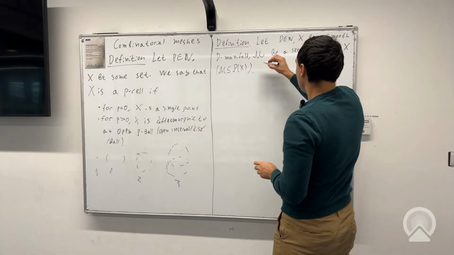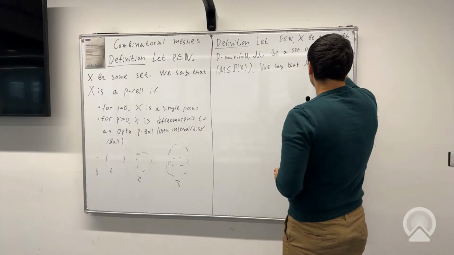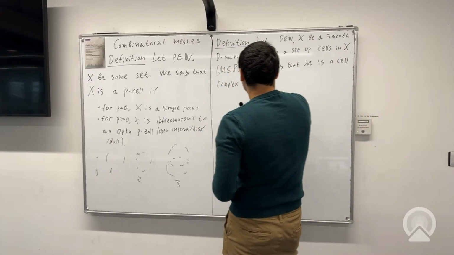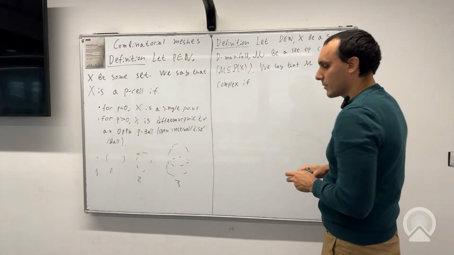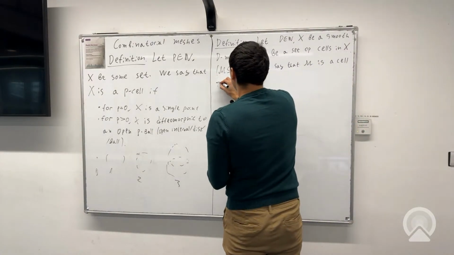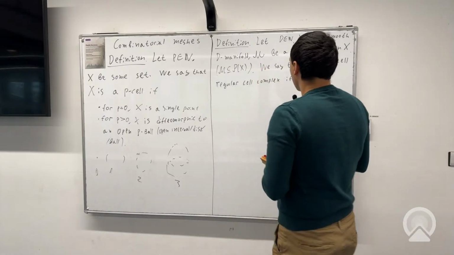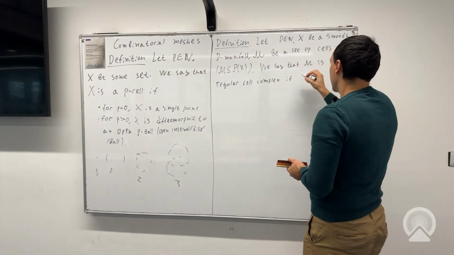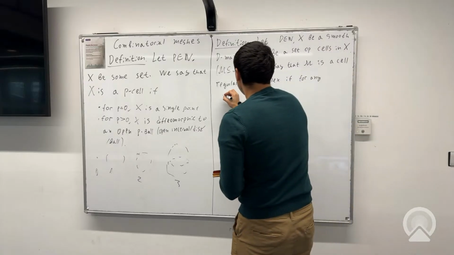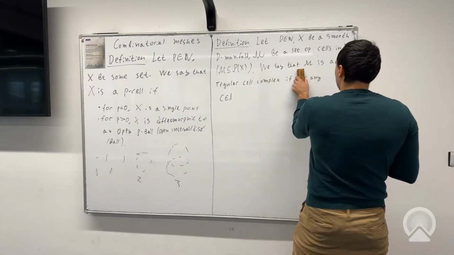Okay. We say that M is a cell complex, and I think one condition we have, maybe regular, is the right word, regular, if for any cell, so there are two conditions.